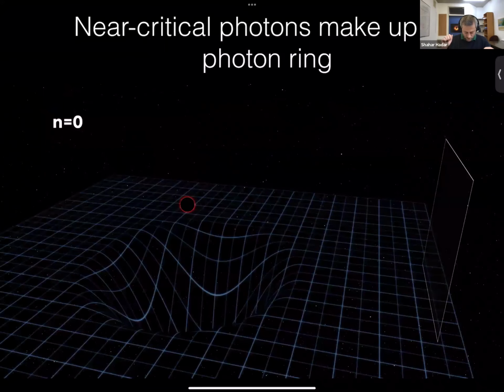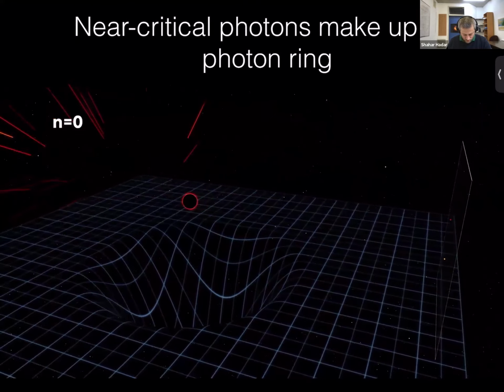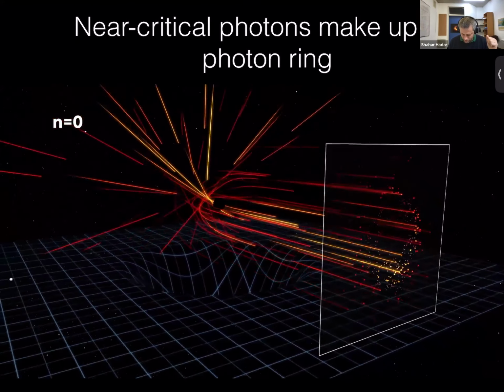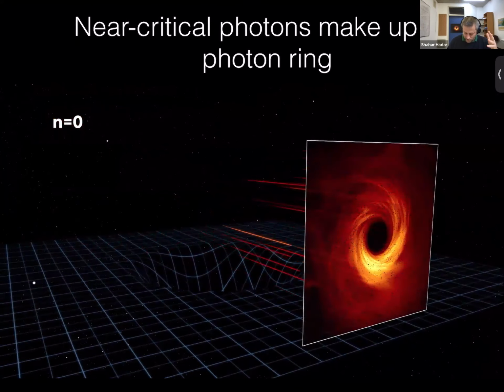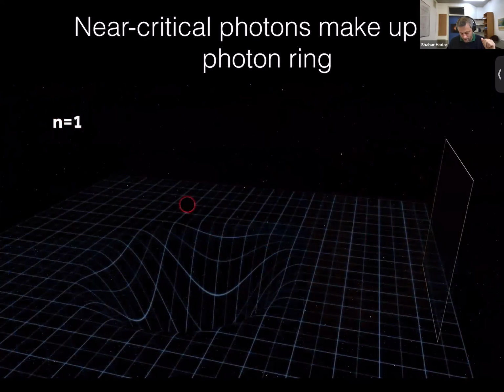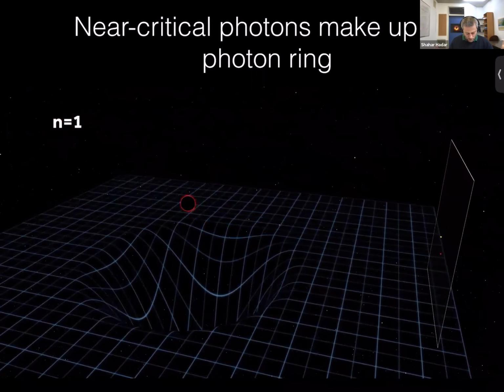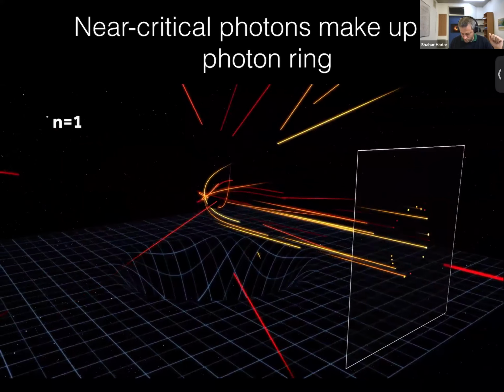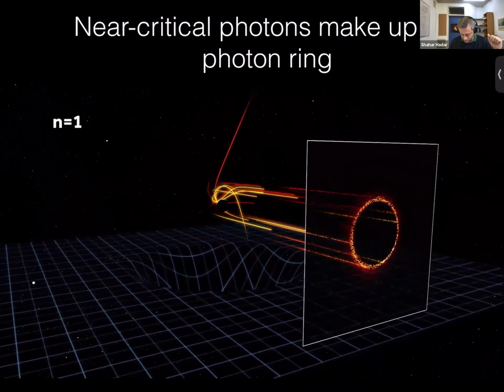All right, so this is the movie, and you can see that the total image is composed of the direct photons that result from geodesics that are only weakly lensed, or not very strongly lensed. As they traverse the vicinity of the black hole, they pick up photons and arrive on the screen. Then we have the n=1 photons that arrive exponentially closer to the critical curve and create a sharp feature on the screen.